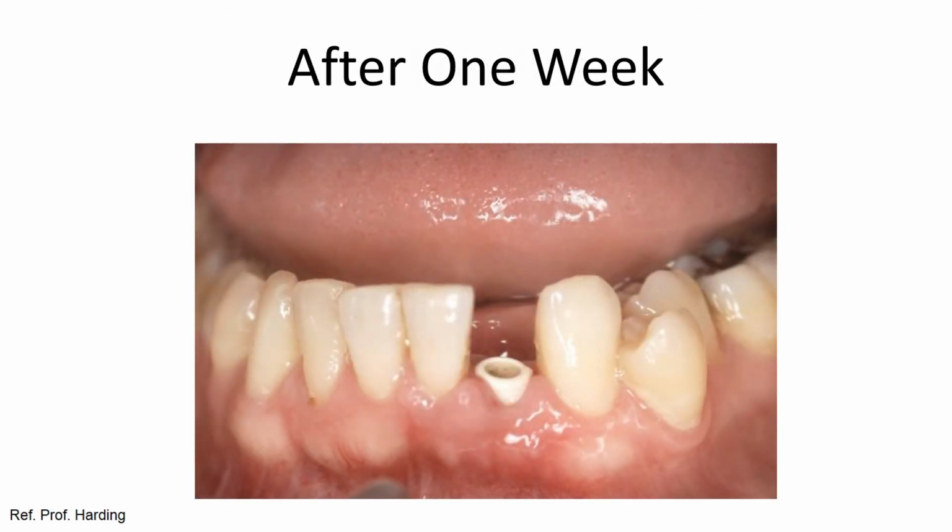This shows the situation a week following the removal of the tooth, and you can see how the soft tissues now have settled down. This is partly due to the fact that they were minimally disturbed during the extraction process. Obviously, if the extraction had been very traumatic, resulting in the loss of labial bone and damage to the soft tissues, we would have expected to see a lot more recession.